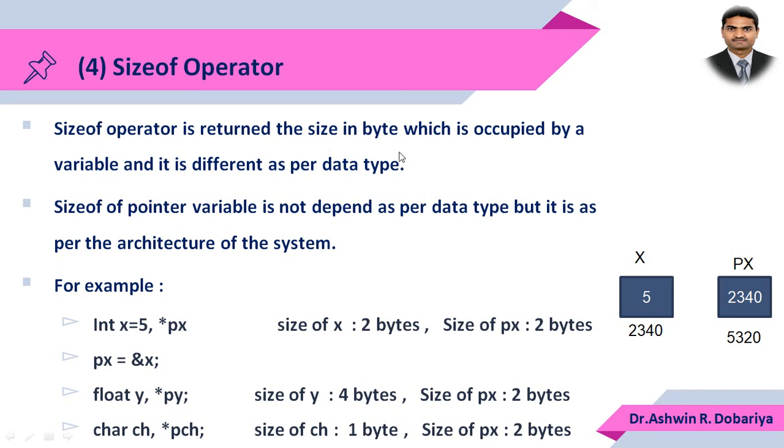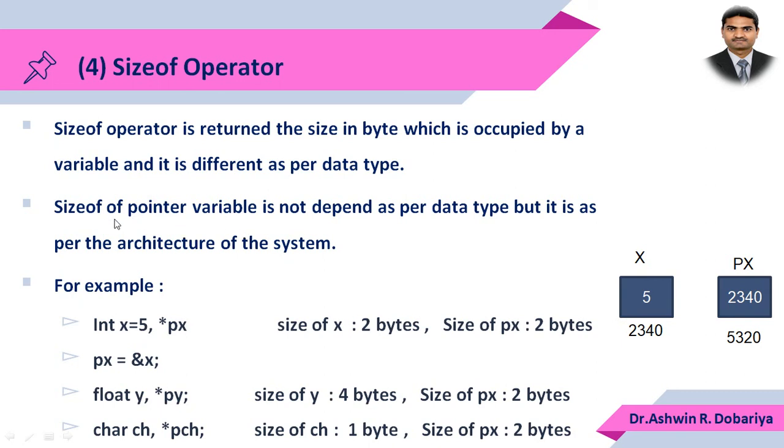How many bytes a particular variable or data type occupies, we can identify with the help of the sizeof operator. The size of a pointer variable does not depend on the data type, but always depends on the architecture of the system. This concept we'll discuss in depth at the time of pointers.